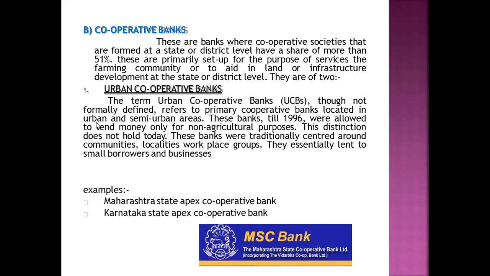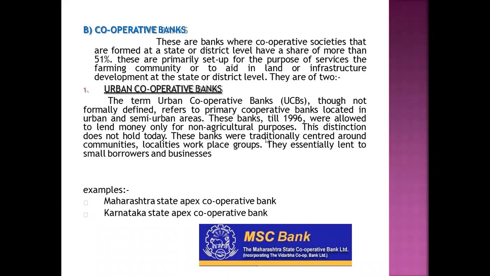Basically, this kind of bank is located in city centers and semi-urban centers, which may be developed but do not look like a city center. These banks, till 1996, were allowed to lend money only for non-agriculture purposes. These kinds of banks provide money to clients who do not have any connection with agriculture. The distinction does not hold today.